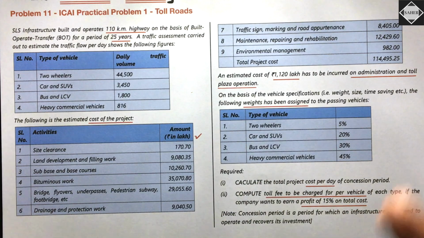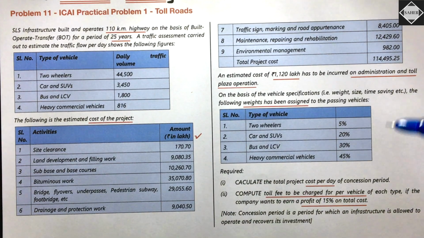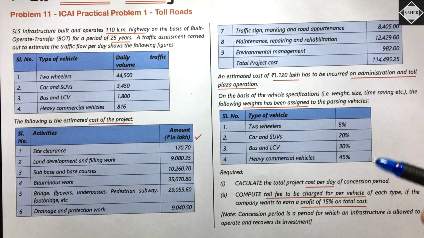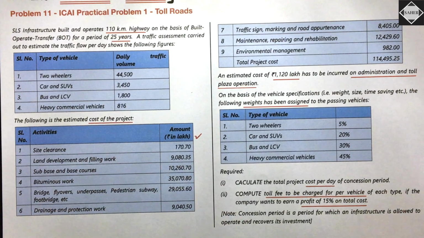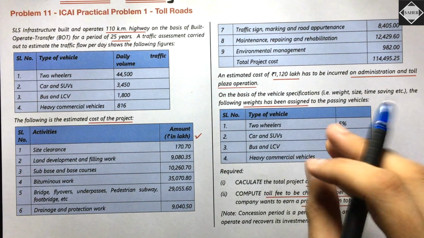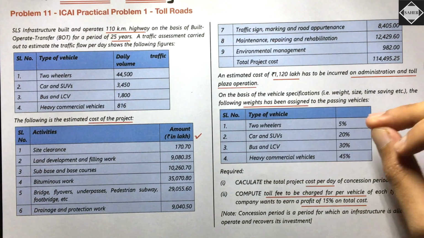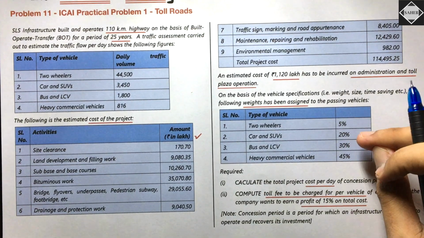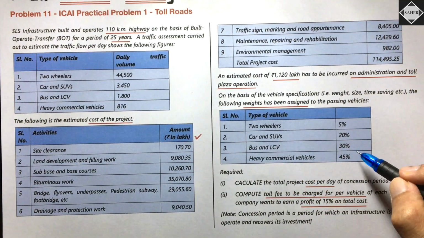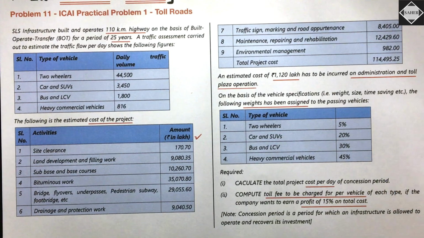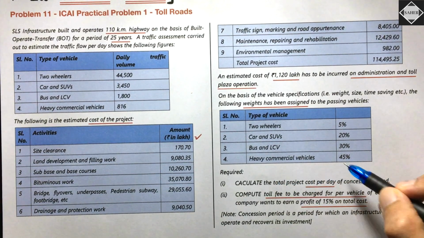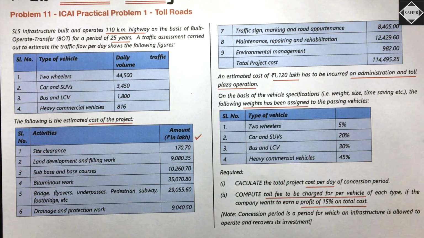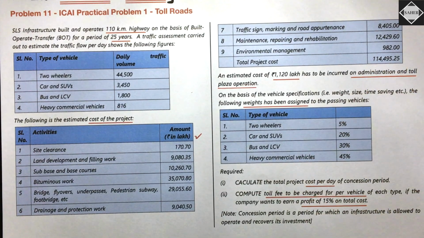Because their size is huge, they are going slow, so while passing the toll plaza also, they will take too much time. So based on all these factors, they have given us how the pricing will be, how the importance or the weights have been given. For two-wheelers, less money. Cars and SUV, a little bit more money. For bus and light commercial vehicle, a little bit more money. And then the most money you have to collect from the heavy commercial vehicles. Okay, like that. Fine. So based on this, we will do the calculation.